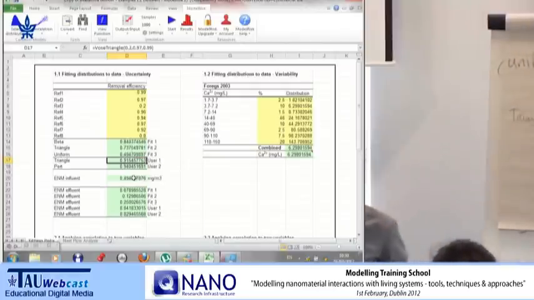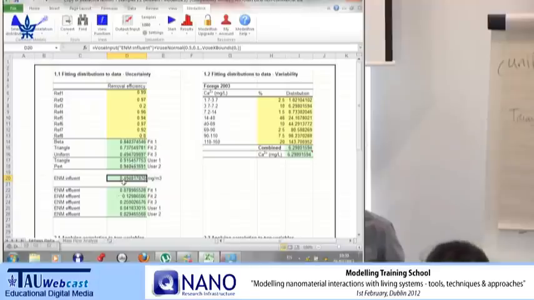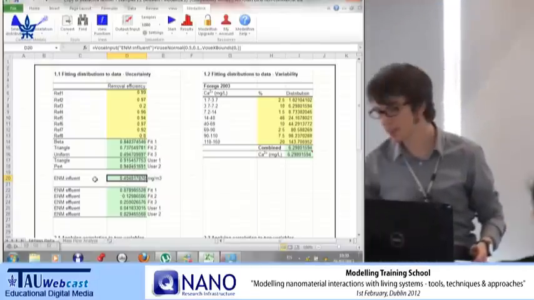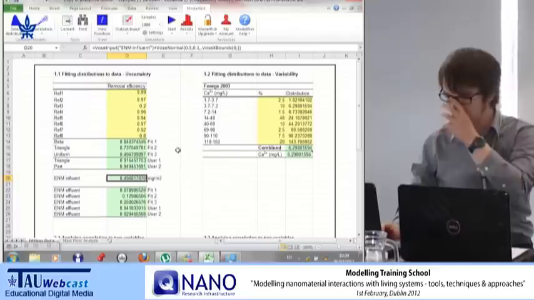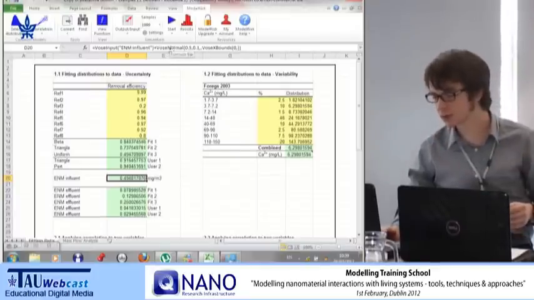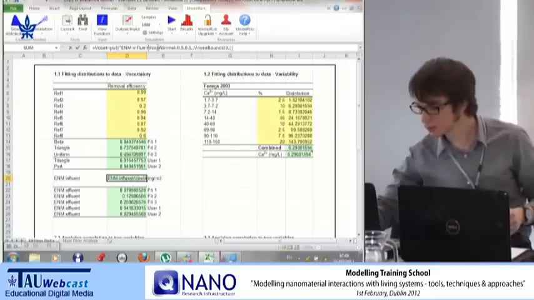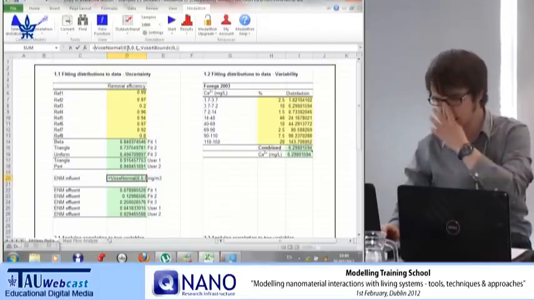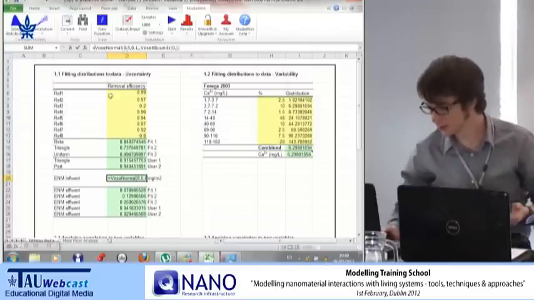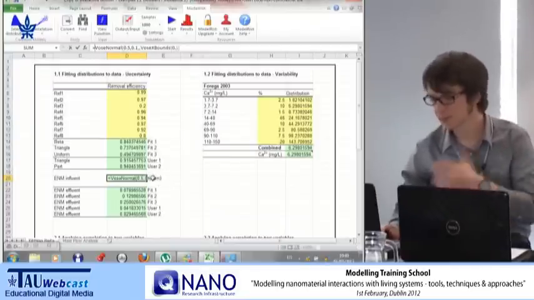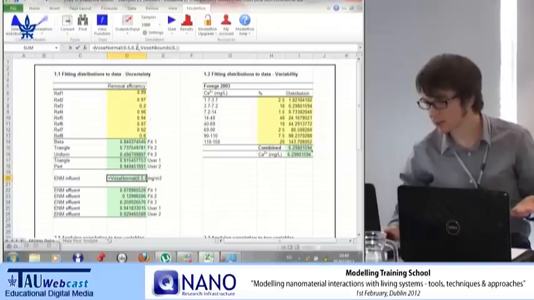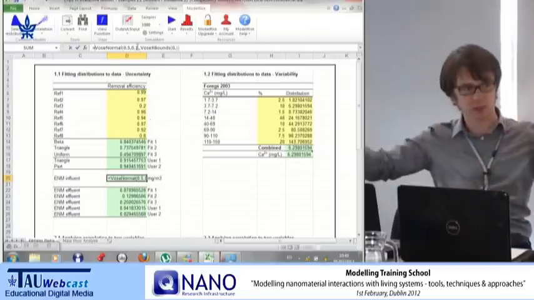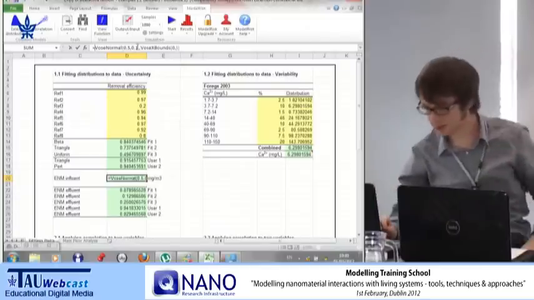So, let's say we then have an influent concentration. I took this as a normal distribution, a Bose normal, at 0.5 milligrams per meter cubed, just for any value, and 0.1 as a distribution, so like a 20% uncertainty.